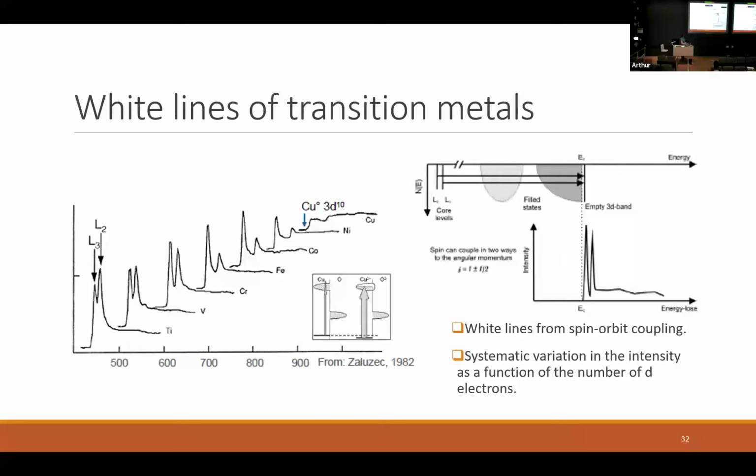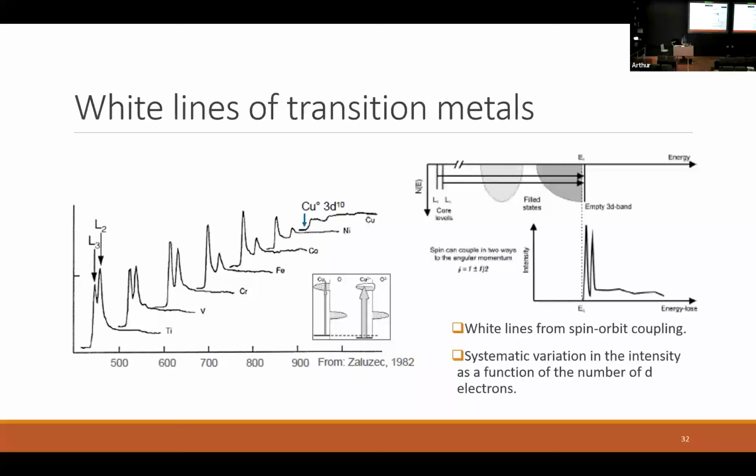The way we're doing that often is to use, well, most commonly will be for transition metals. So the different transition metals have a different line shape, and this is due to spin-orbit coupling. So we get what we call a pair of white lines, which are these characteristic L2 and L3 peaks here. And then as we go along the periodic table, we see their ratios changing and their separation changes.